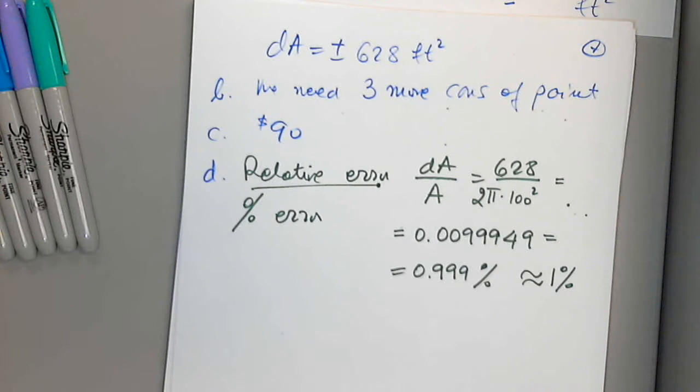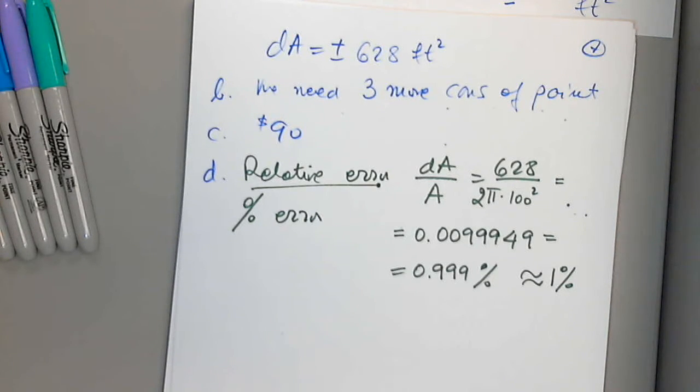So this is what we report. We report an approximate 1% error that is created by the fact that not all cans are exactly 100 feet in radius. It was 100 feet with a tolerance of 0.5.